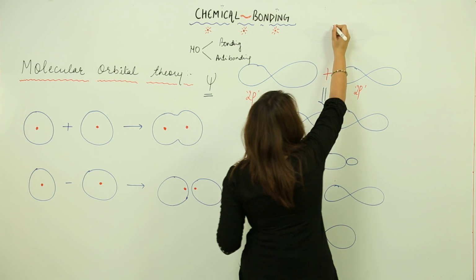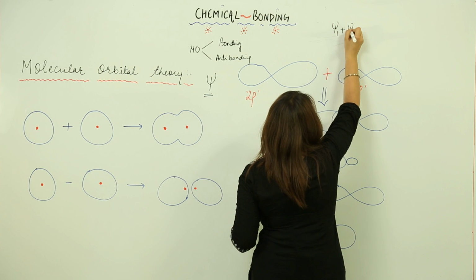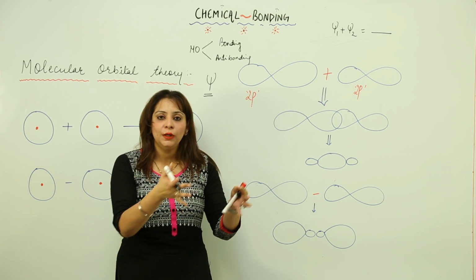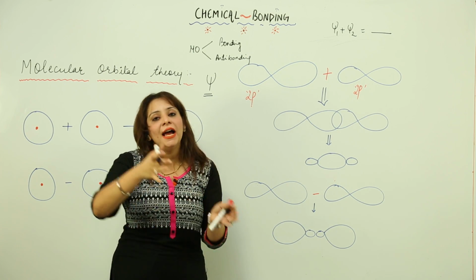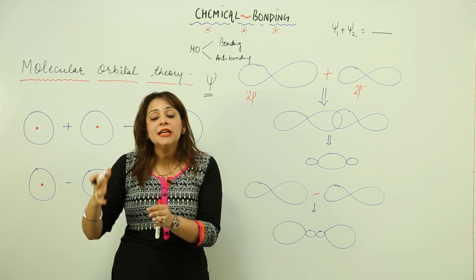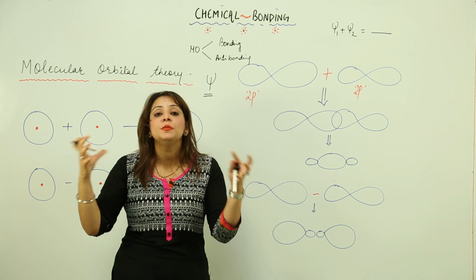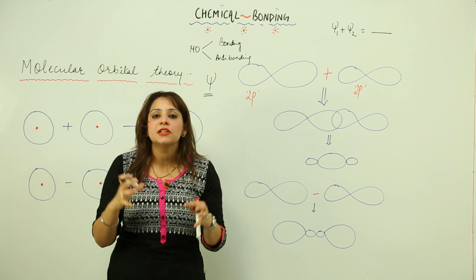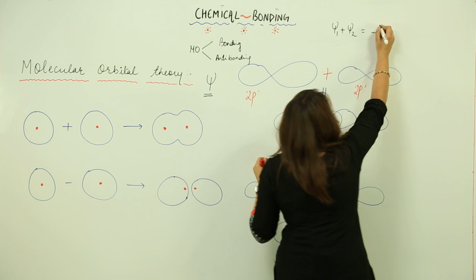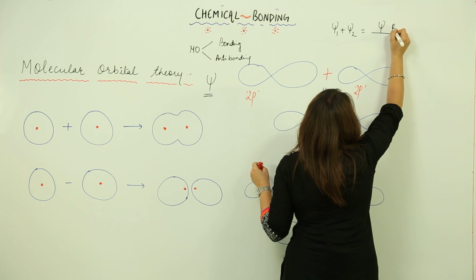For constructive interference, we need to add the two psi. If I have atomic orbital 1 with wave function psi1 and atomic orbital 2 with wave function psi2, it is possible that these two electron clouds may add up, right. That is constructive interference. So when these wave functions add up, they give rise to a bonding molecular orbital.